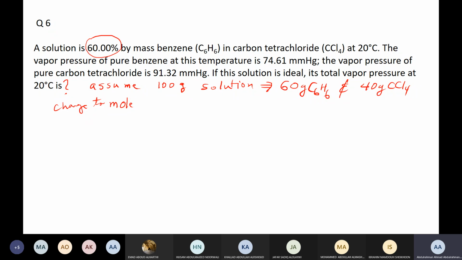Okay, now how many moles of C6H6? Please go to your periodic table, find the molar mass quickly, and divide this number by this number. Tell me. 60.